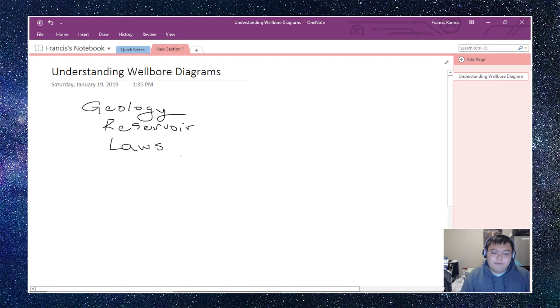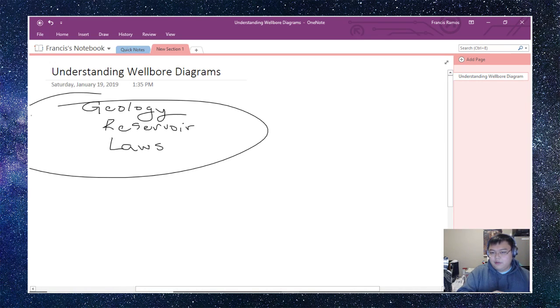Maybe you're dealing with an area where there's a water aquifer that you need to protect, or maybe there's a law where you have to set an extra set of casing under this many feet. All of these things you have to consider, but we're not going to go over all of them today. I want to jump right in.